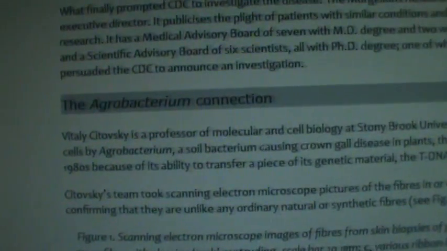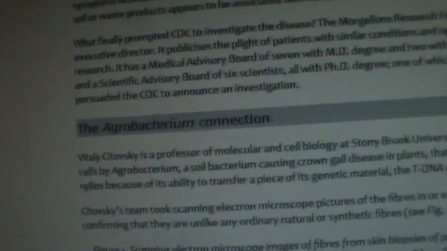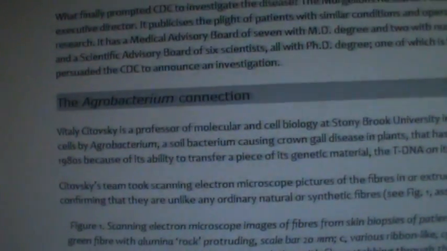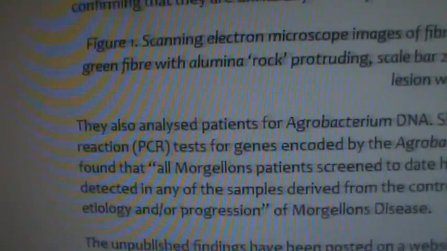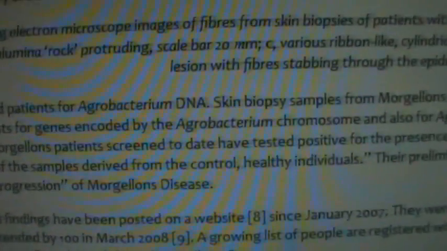This was the very telling part of this article, though, the Agrobacterium connection, which they say, Saitovsky's team took scanning electron microscope pictures of the fibers in or extruding from the skin of patients suffering from Morgellons disease, confirming that they are unlike any ordinary natural or synthetic fibers. They also analyzed patients for Agrobacterium DNA.